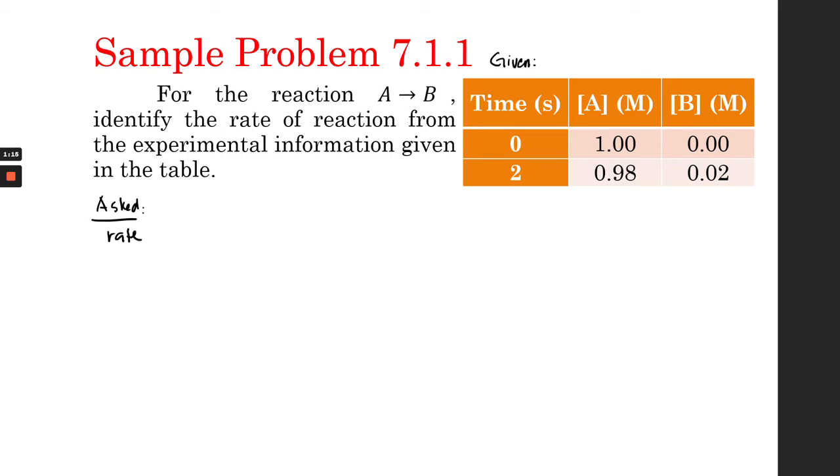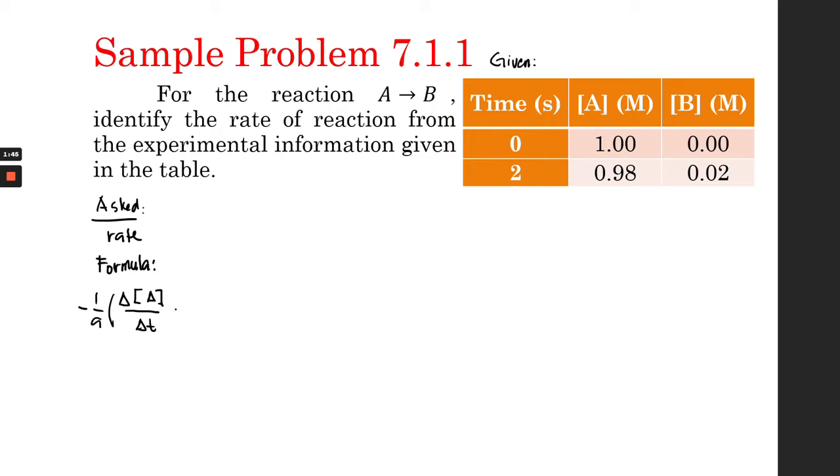If you remember the formula that we've just talked about, in this case we'll take A as our reactant, so that's negative 1 over A multiplied by the change in the molar concentration of A divided by the change in time.